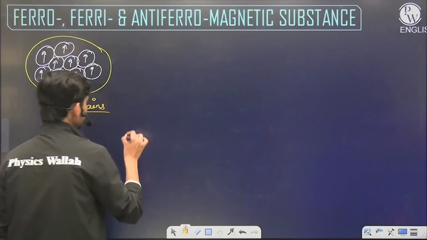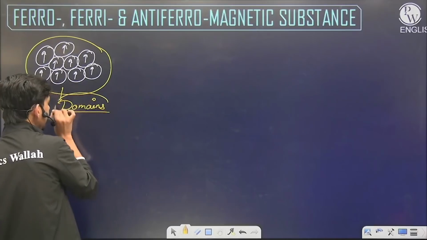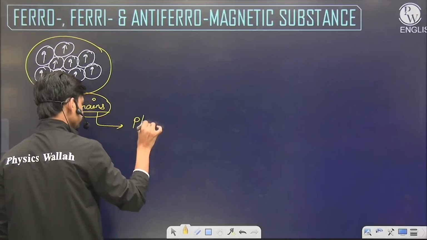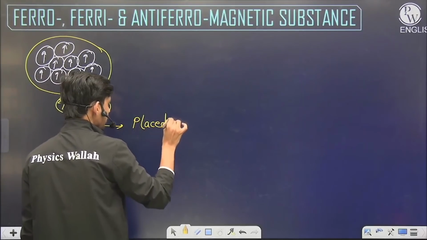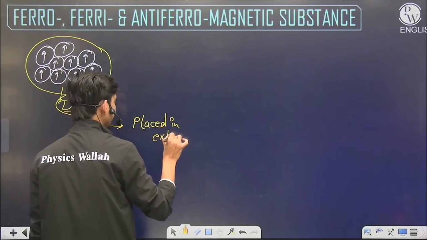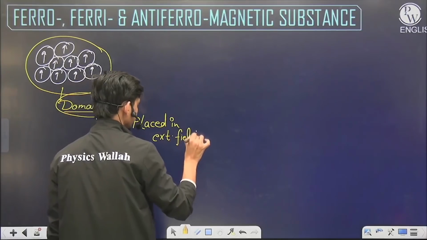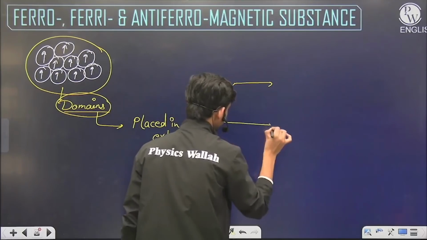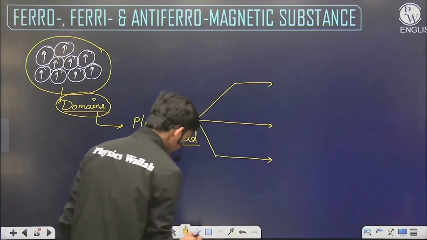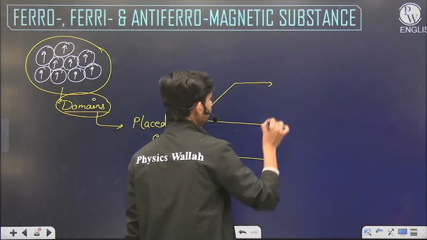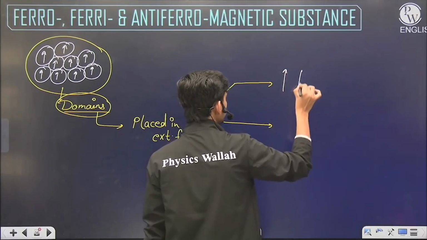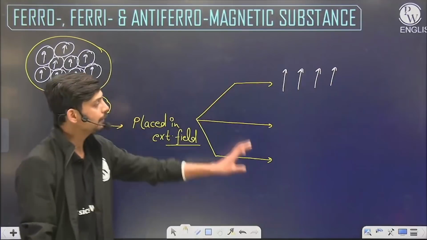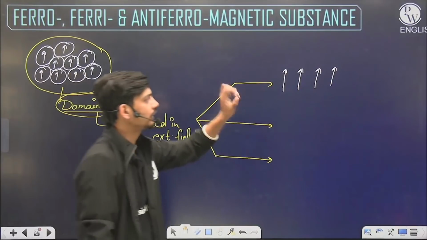And now what happens if such materials having domains are placed in an external field? Then 3 cases might occur. One is that all the neighboring domains are arranged in a single direction. So that produces a very strong attraction effect.